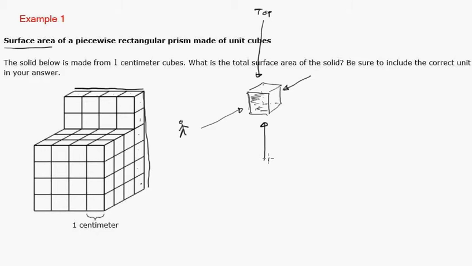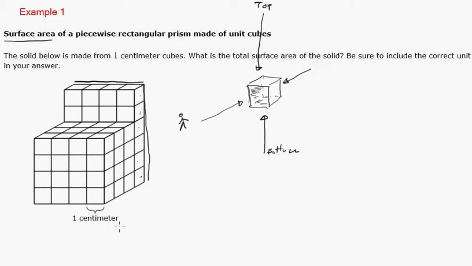If I was at the bottom looking straight up, I'd see a big giant square, 4 by 4. Looking straight down, I would see this area on top.